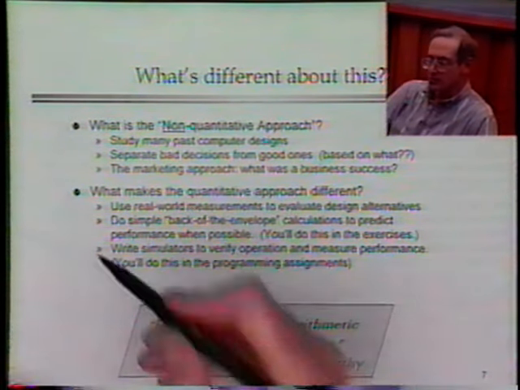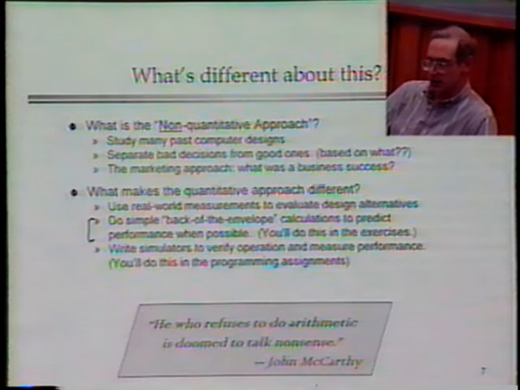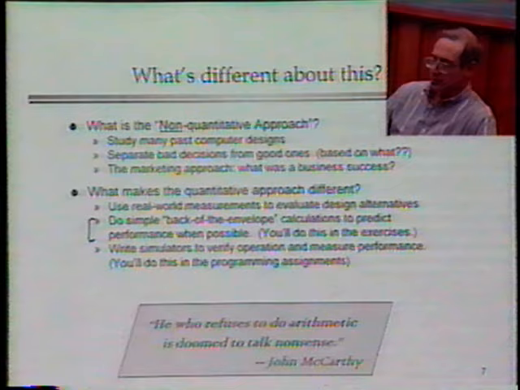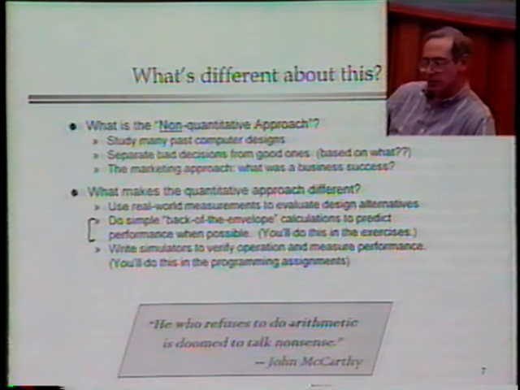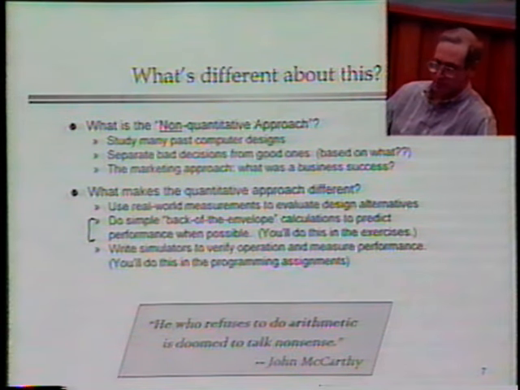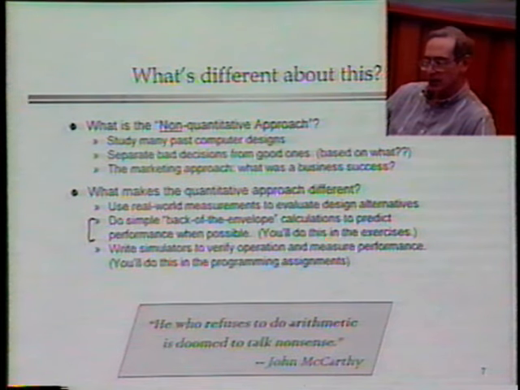What we'll be doing a lot of in this course are simple back-of-the-envelope calculations. This is not a course in queuing theory. We're not going to be doing any higher mathematics. As important as those things are, we want to be able to do some rough order of magnitude estimates of whether things are going to be better or worse when you make a particular change to a computer. And there are very simple calculations that we'll be using to predict those things.